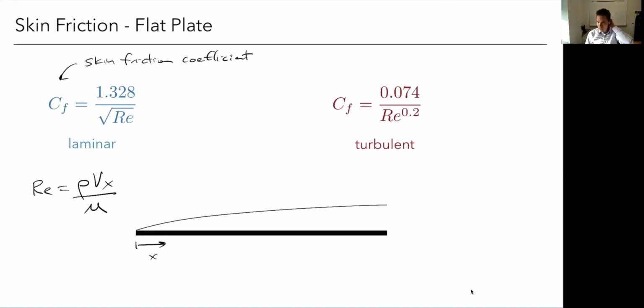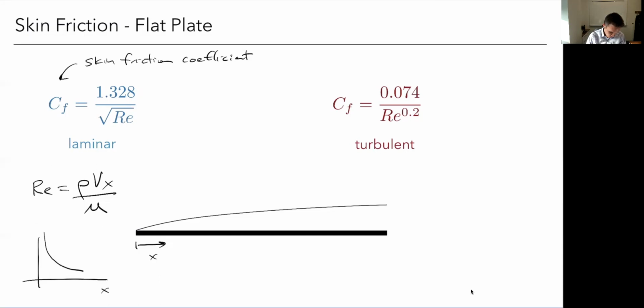So as I move along my flat plate, my Reynolds number is increasing. If you were to plot the skin friction coefficient, you would see that it actually is really high, right? Because the Reynolds number is going to be really small at the leading edge, and this is in the denominator, you're going to have this big peak, and it's going to kind of taper off, maybe not quite as aggressively there.